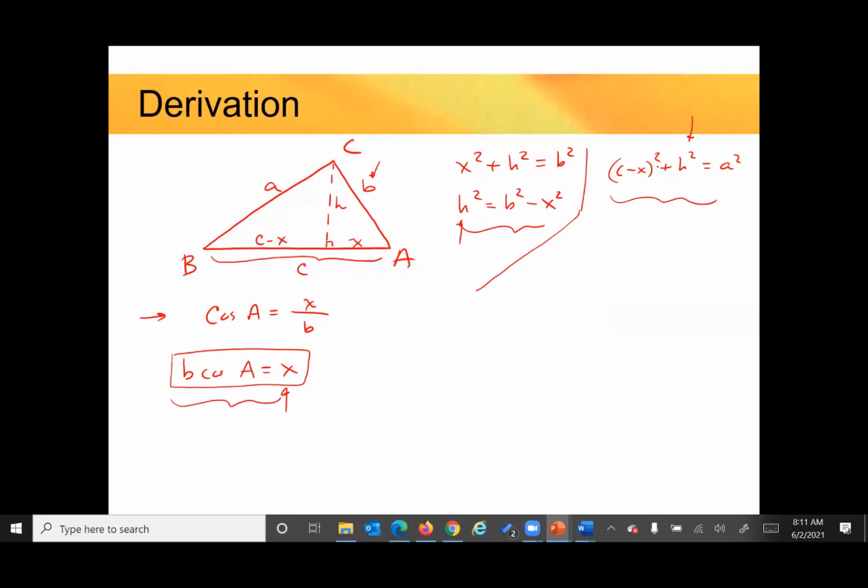So c minus x to the second power, let's see, I think it's going to be c squared minus 2cx, tell me if you guys agree there, plus x squared plus h squared is equal to a squared. Yes, no, maybe. And I think the rest just might work out.